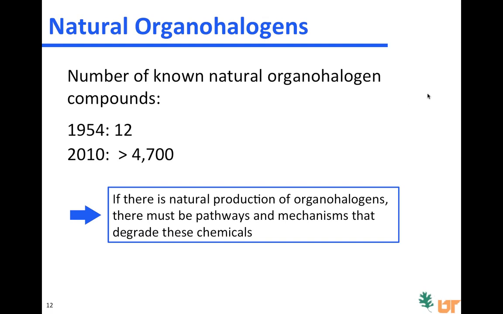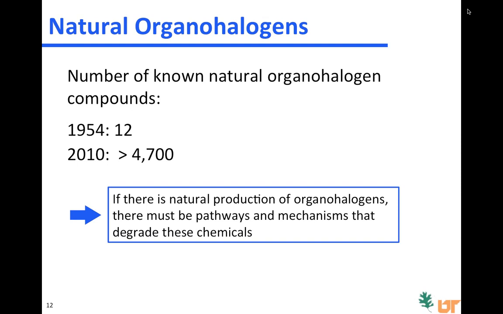So the conclusion here is that if there's natural production of these chemicals, there must be pathways and mechanisms that degrade these chemicals. If that wouldn't be the case, the oceans would be full of halogenated or chlorinated chemicals.